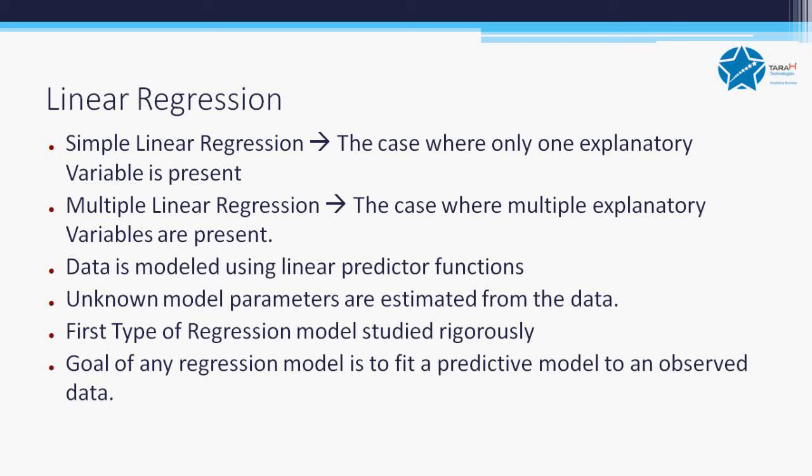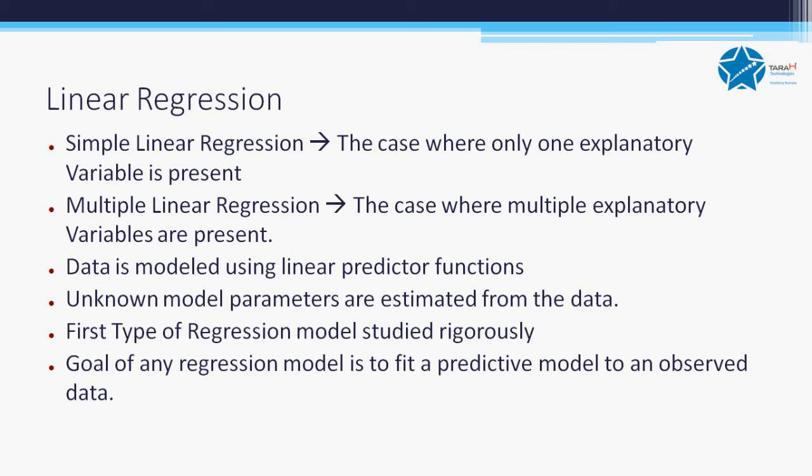So we look at an equation of the form y equal to mx plus c, or y equal to m1 x1 plus m2 x2 plus m3 x3, where x1, x2, x3 are explanatory variables. What are those m1, m2, m3? Those are what we try to estimate using the linear regression machine learning algorithm.